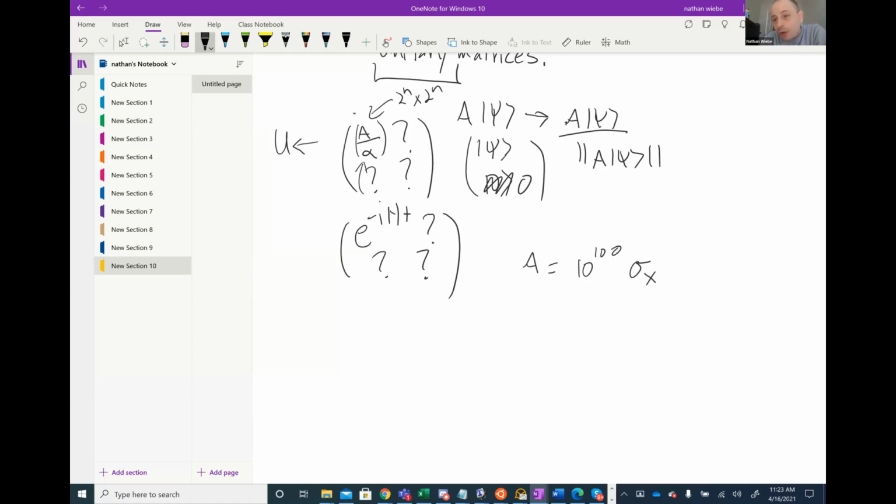I'm not going to be able to do it because its norm is greater than 1. But what I can do is embed A over 10 to the 100, which equals sigma x, inside this block up here. And that's what this alpha is. It's this constant of proportionality that we need in order to ensure that the larger unitary is properly a unitary.